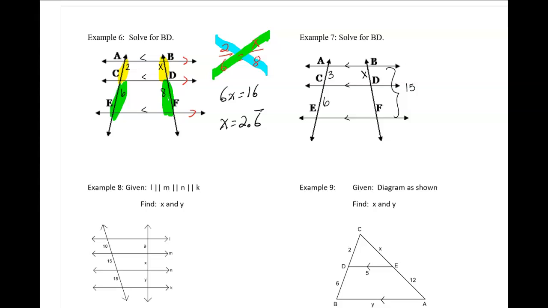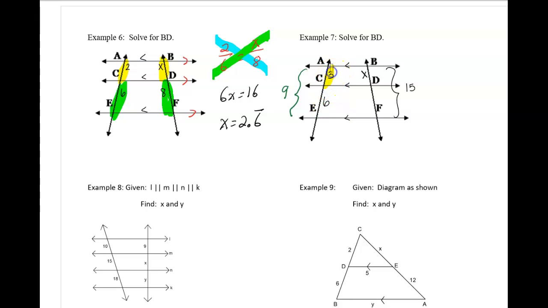In problem number 7, we want to use the idea we have the whole piece is 15. So me personally on the left-hand side, I'm going to figure out this whole piece, which is going to be 3 plus 6, which is going to give me 9. So then I'm going to set up my proportions. So after I get that piece, I could set up my proportions.